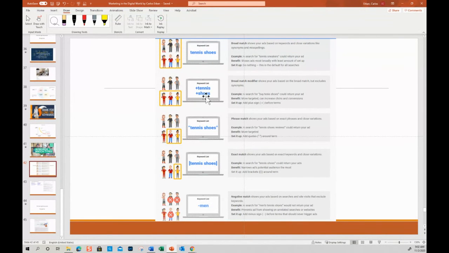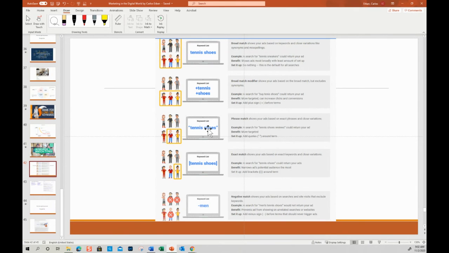When you put the plus sign, now you're not going to get a lot of the people that you were getting before, because you said it needs to have the word tennis and the word shoes. But when you put the plus sign, it could be anything between the word tennis and the word shoes. So this buy tennis shoes could return your ad. It is more targeted, but it's not going to be as specific.